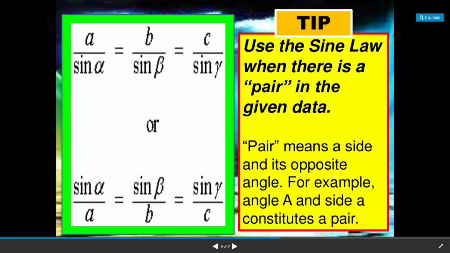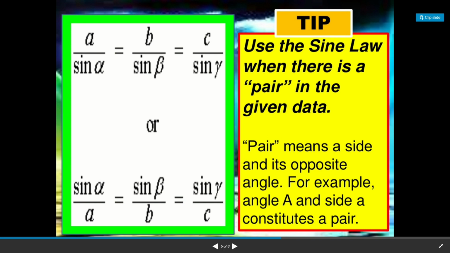Or, we have sine alpha over A is equal to sine beta over B is equal to sine gamma over C. Take note that the Greek letters here represent the angles.